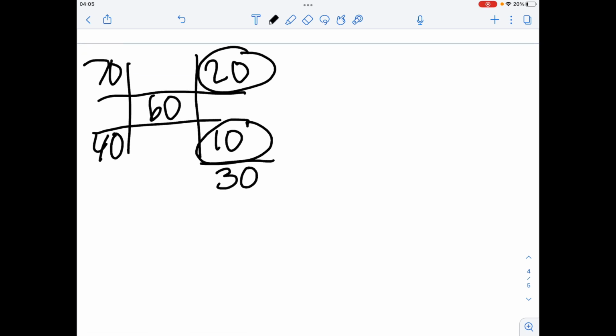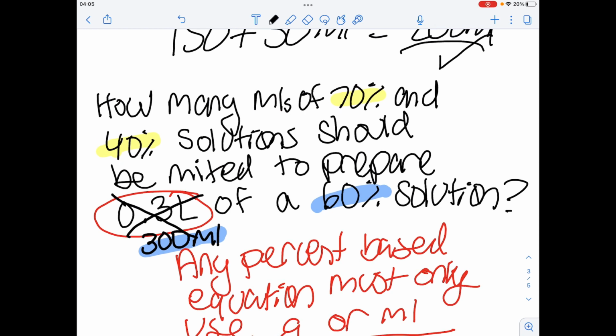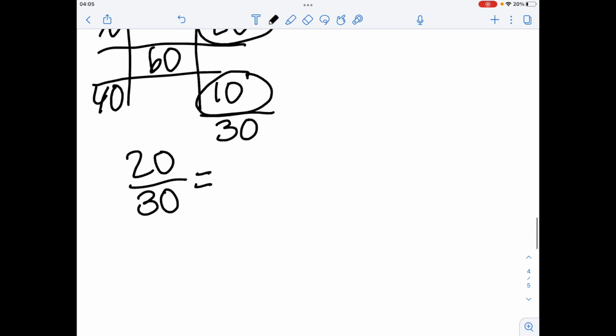Let's set up our ratios now. 20 over 30. Set that equal to our total milliliters that we're trying to find, which would be the 300. And now let's cross multiply.